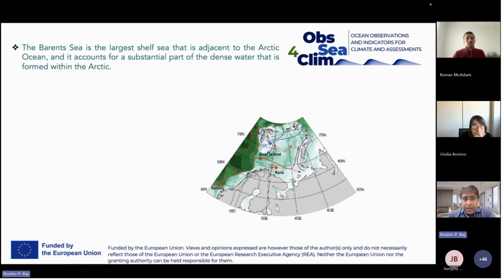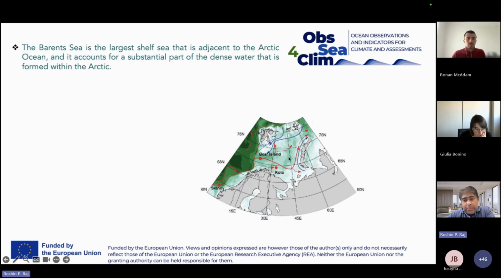The Barents Sea is the largest shelf sea adjacent to the Arctic Ocean, and it accounts for a substantial part of the dense water that is formed in the Arctic. Can you see my cursor also? Yeah, okay. So this is the Barents Sea. We can think of the Barents Sea as two systems, the north and the south.